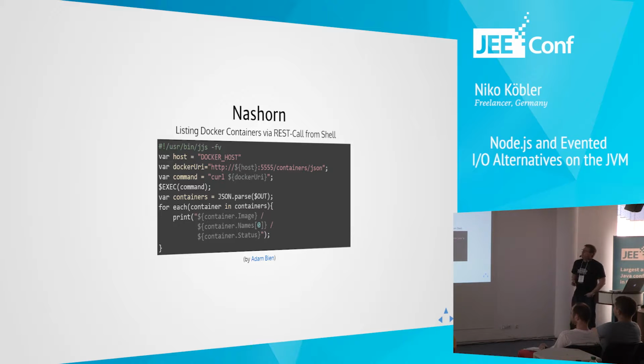So if you're ever dealing with bash scripts and always call your favorite search engine how to do loops and whatever in a bash script, forget it, use Nashorn for it. It's much more easy.